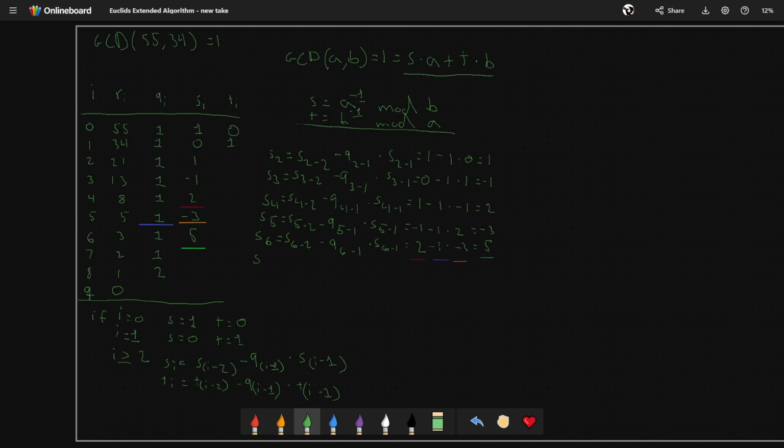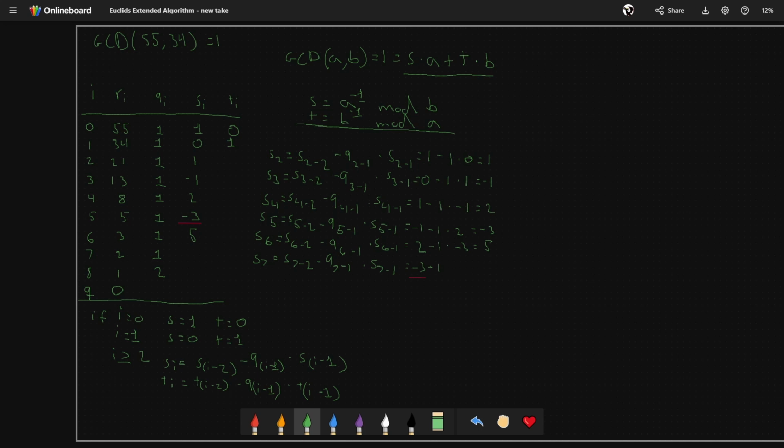At S7 then, we have S7 minus 2 minus Q7 minus 1 multiplied by S7 minus 1. S7 minus 2 is S5. S5 is negative 3. My hand is starting to hurt. Minus Q7 minus 1 is Q6.